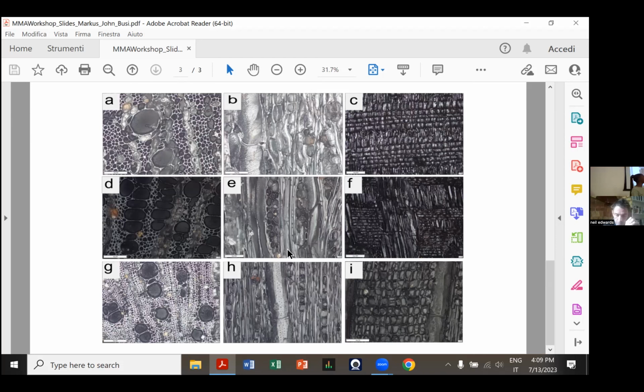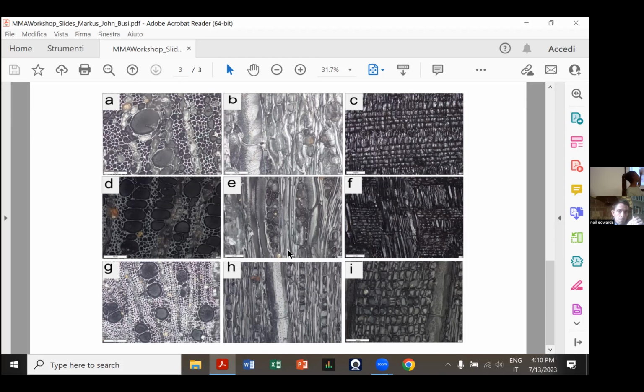I analyzed macro charcoal, and I mostly identified species that are dry environment tolerant, and only 2 species were typically found in wet environments. I identified 13 species, and here I've illustrated the charcoal of Diospyros austroafricana.